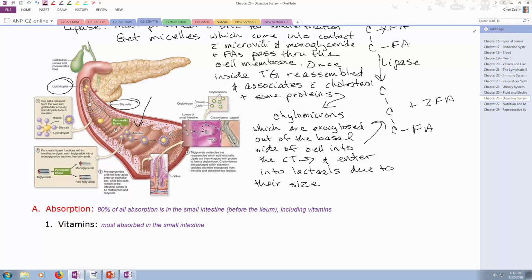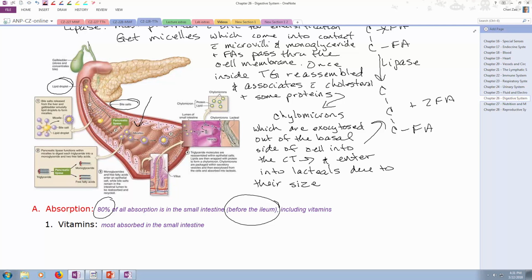absorption. Absorption of all of the material in our small intestine is 80% complete before the ileum. What that means is that 80% of all the stuff we just talked about is occurring in the duodenum and jejunum, and so the ileum is for the leftover stuff for absorption.